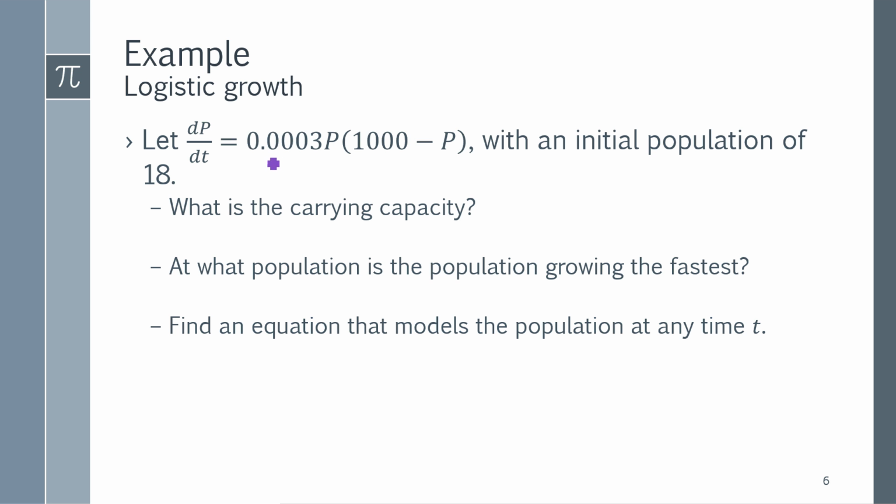I can see from my differential equation, this is k, this is M. So what is my carrying capacity? Well, the carrying capacity is M, which is 1,000. At what population is the population growing fastest? That's always going to be at half of my carrying capacity, which is 500.